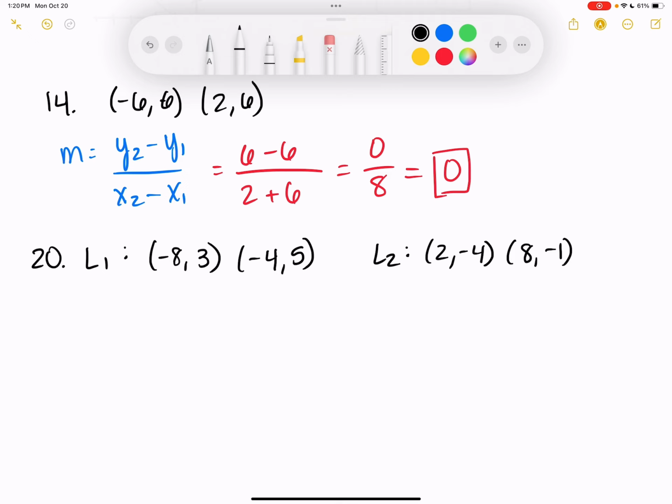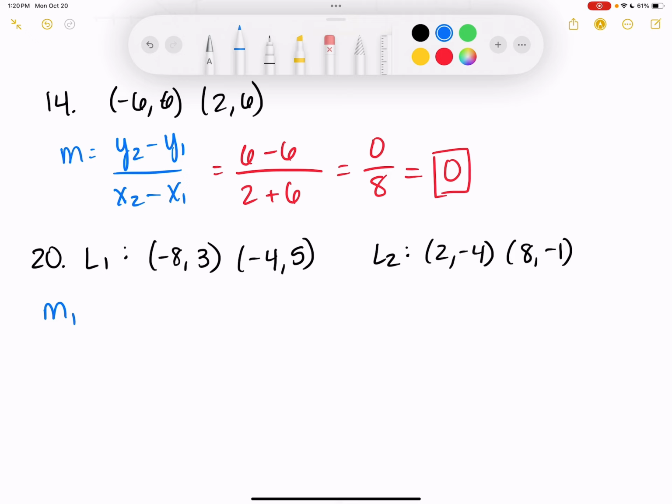Now, on almost every one of these sets of lines, they look parallel. You can't just decide to say yes, they're parallel or no, they're not, without showing the math as to why. When I label my slopes, I'll write the slope of line 1 like this, and the other one will be an M with a little subscript of 2.